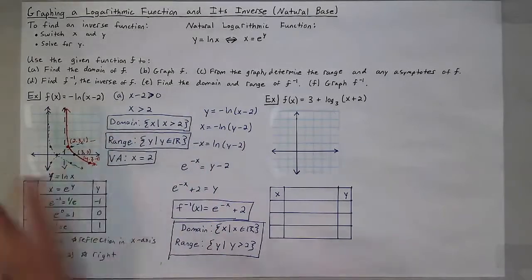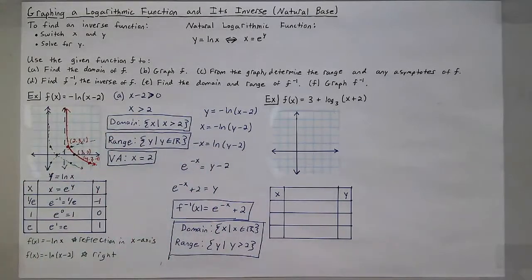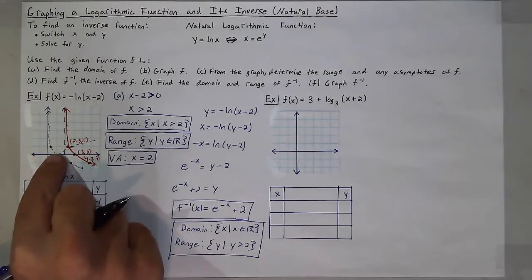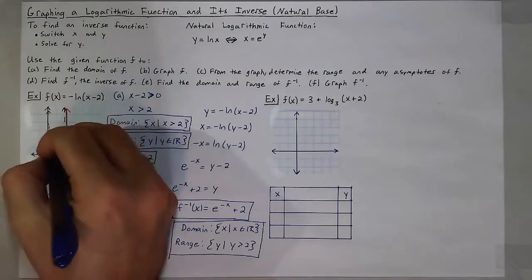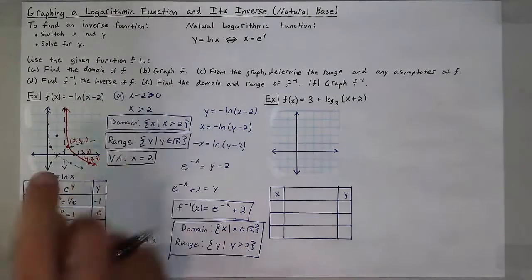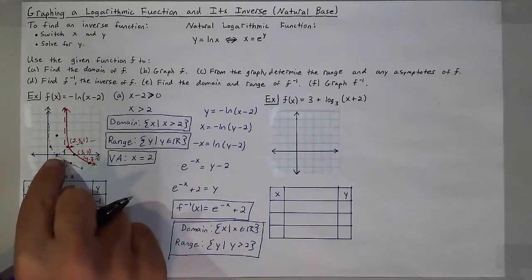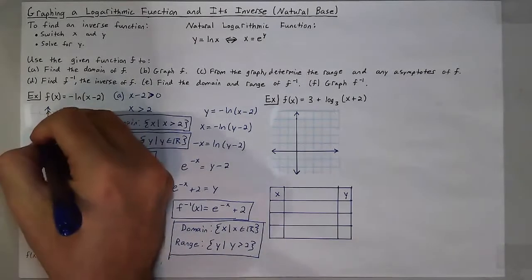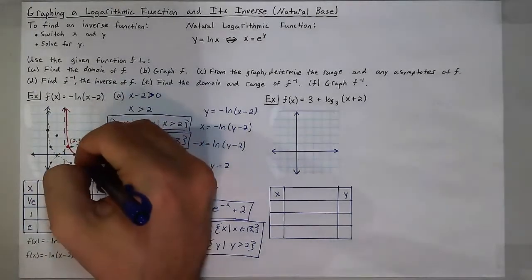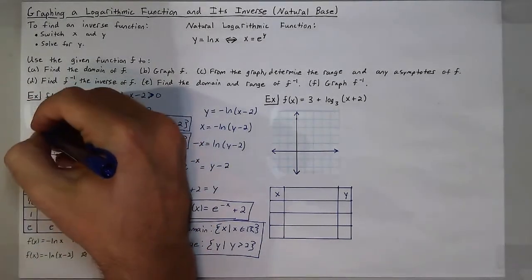If I swap the x and y values, then I'll get a point at 1, comma 2.3. 0, comma 3. And then negative 1, comma 4.7.